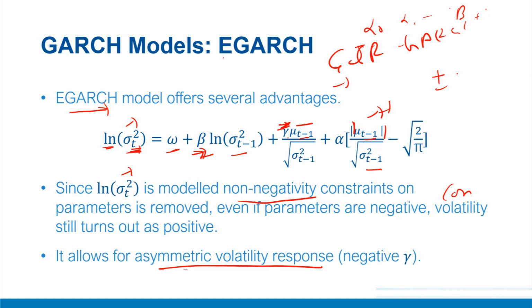A second version, which is the EGARCH model of Nelson, could overcome both these constraints. That is, it could not only model the leverage effect, but also we need not put any non-negativity constraint externally, because of this natural log of the estimate, even though the coefficients can be negative, the estimate of volatility would still be positive.